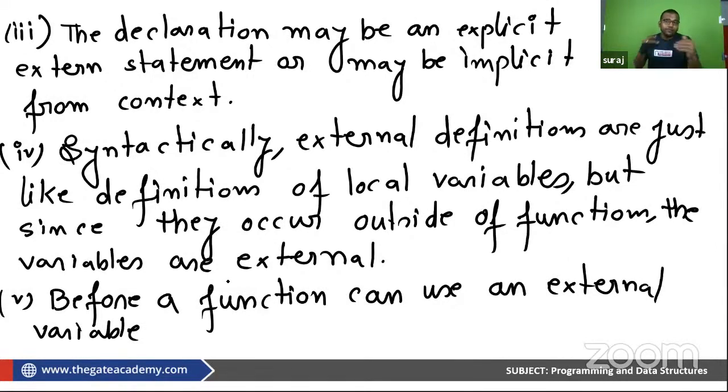If you are going to use that external variable in a function, the name should be known to the function. If its name is known, then it's fine. If its name is not known, then you have to explicitly give the declaration of that variable. So if you are writing the definition above the main, as we have seen in the code, then there is no need to give the declaration in the main function. But if you are not giving the definition above the main, then you have to give the declaration in the main.